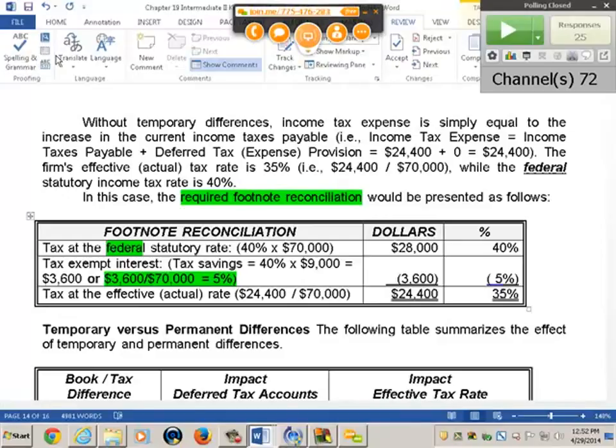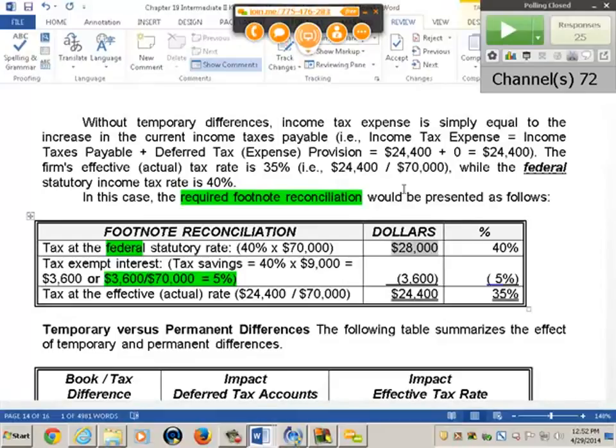What you see here, the tax-exempt interest, is a permanent difference. That's the reconciling item we're looking at right now. So if I were to tax $70,000 at the federal rate, I would have had a tax expense of 70 times 40%, or $28,000. That is what an analyst would be looking for. So a reader looks for $28,000.